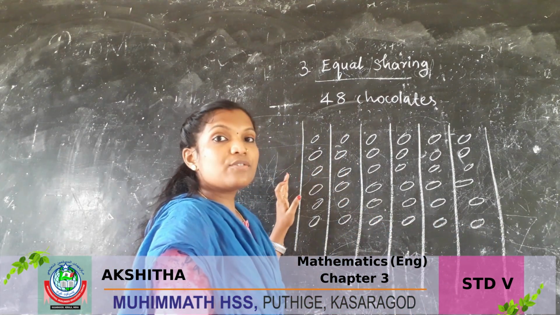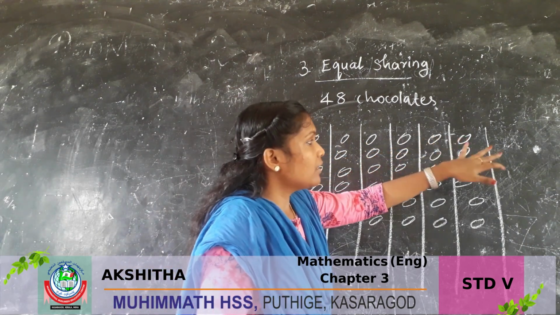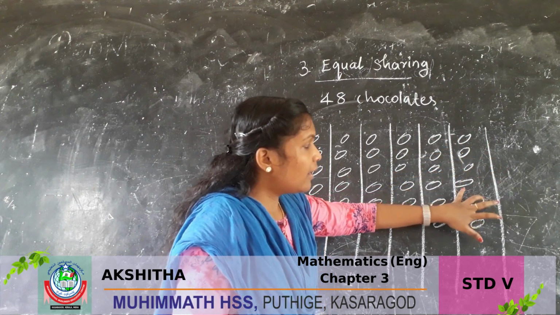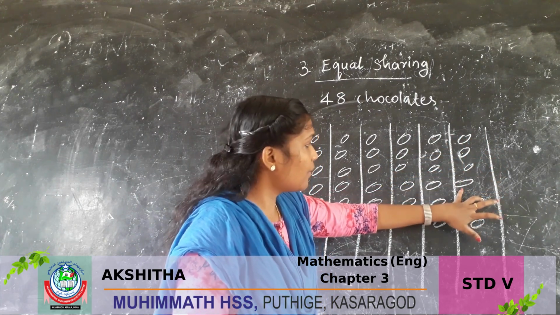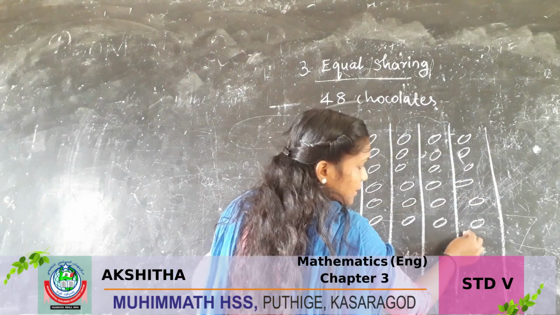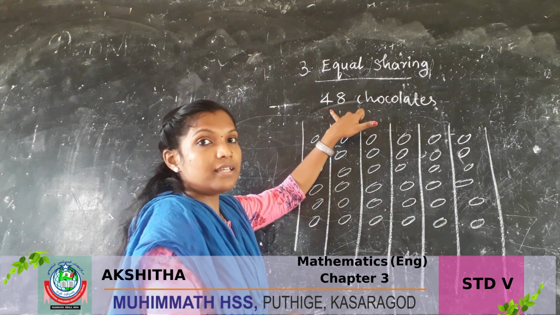So, how many chocolates are finished now? 6 twos are 12, 18, 18 plus 6 is 24, 24 plus 6 is 30, plus 6 is 36. We have 48 chocolates, right?